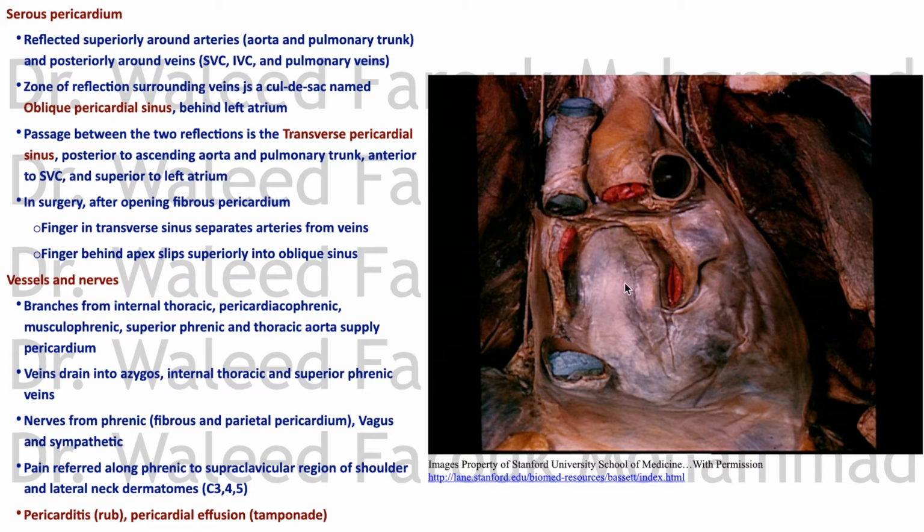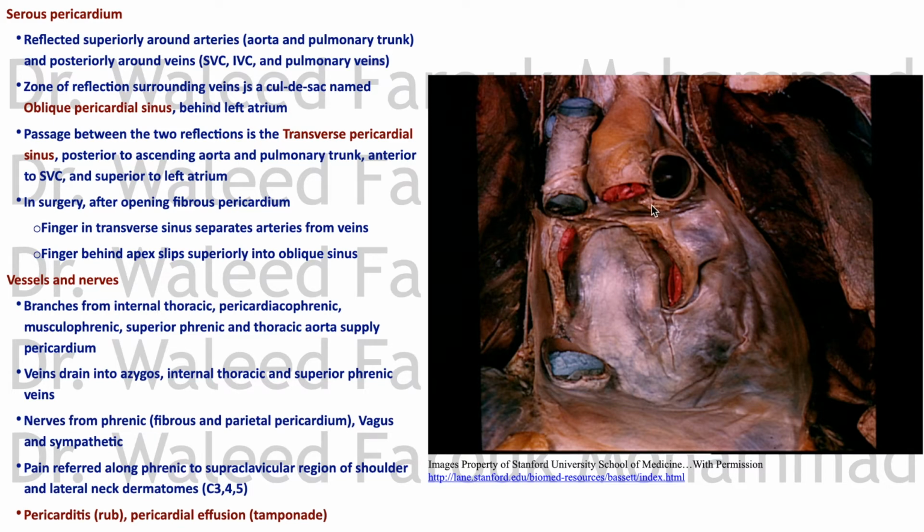Okay, the transverse sinus is behind the great vessels, the pulmonary trunk and the aorta. If you put your finger behind them, see this reflection here? This is the transverse sinus. You're putting your finger here.